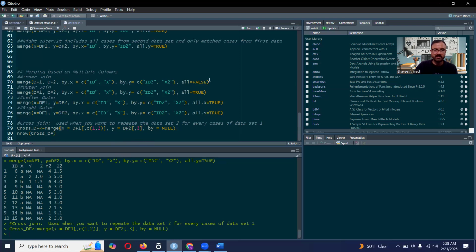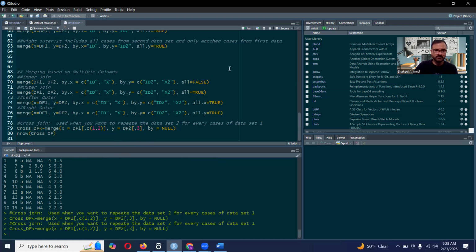Let's see how it works. We will get 100 observations, as we have 10 observations in the first data set, and corresponding to each observation we are repeating data set 2, so we will get 100 observations.